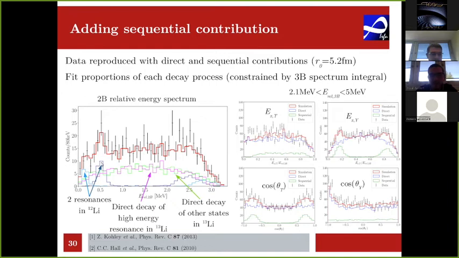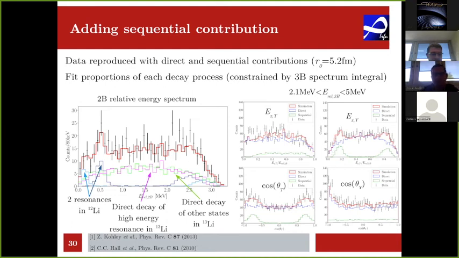And from these two resonances, we can now fit the Jacobi coordinates that I showed before with this sequential contribution. And we see that now these structures for these two quantities are now well reproduced.